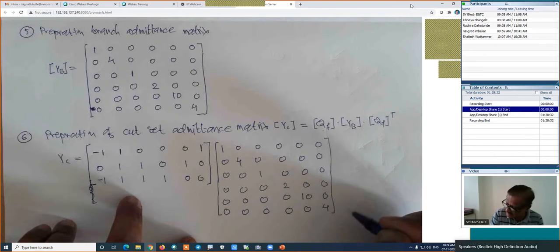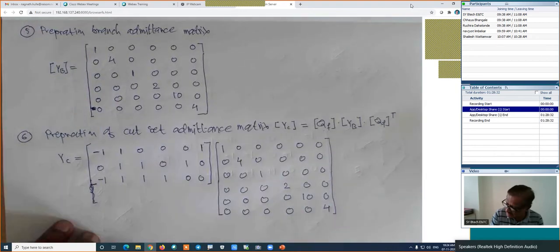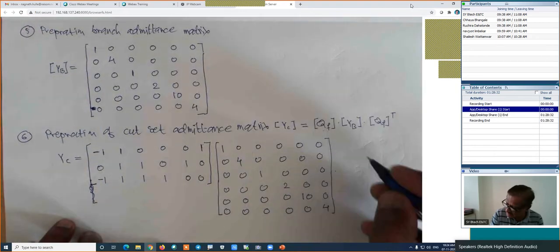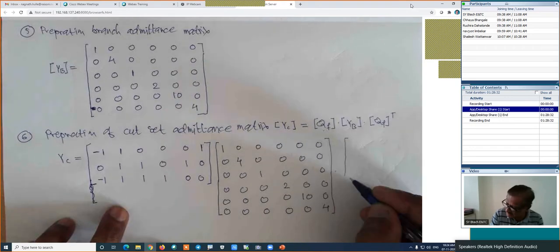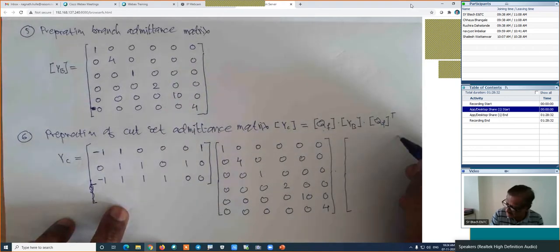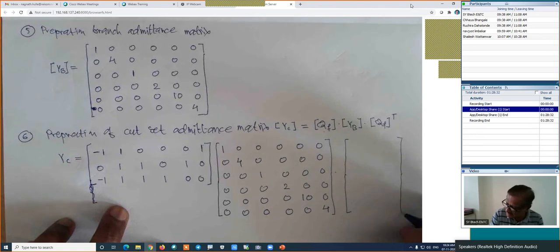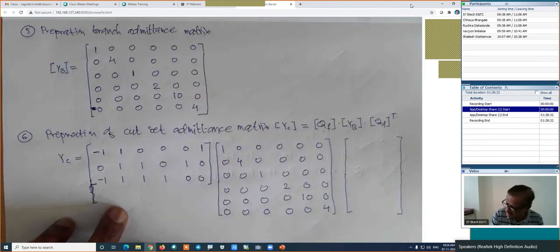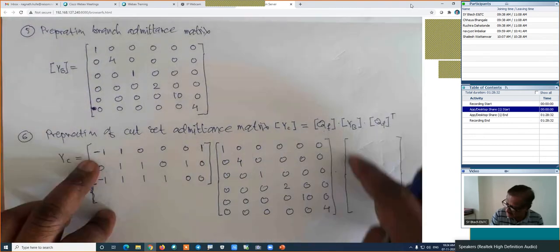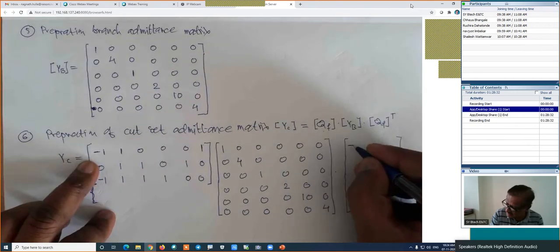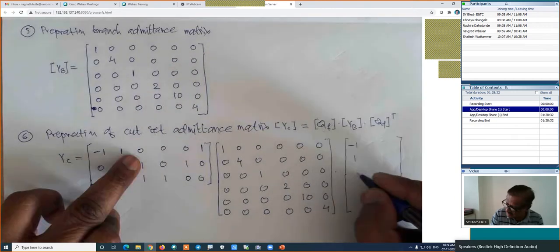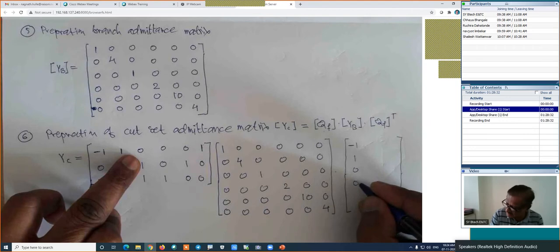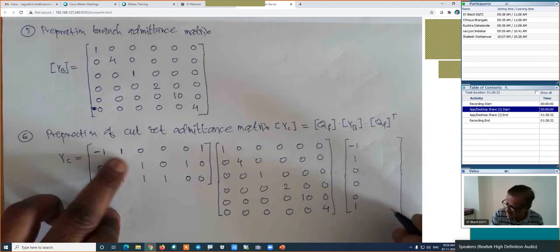We are interested in the calculation of the cut set admittance matrix, into QF transpose. The transpose of the matrix QF. This is right. The first row will become the first column. This is minus 1. This is 1. This is 0. This is 0. This is 0. And it is plus 1. I will check.